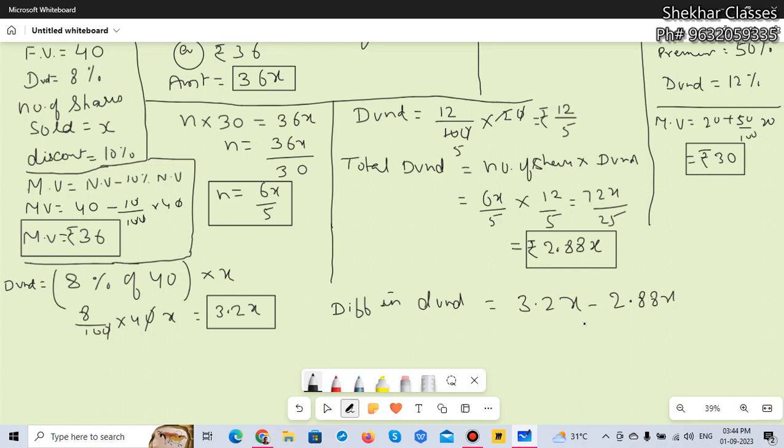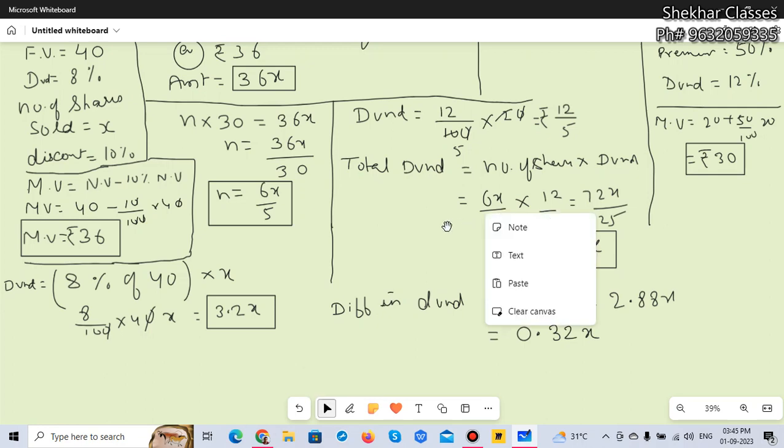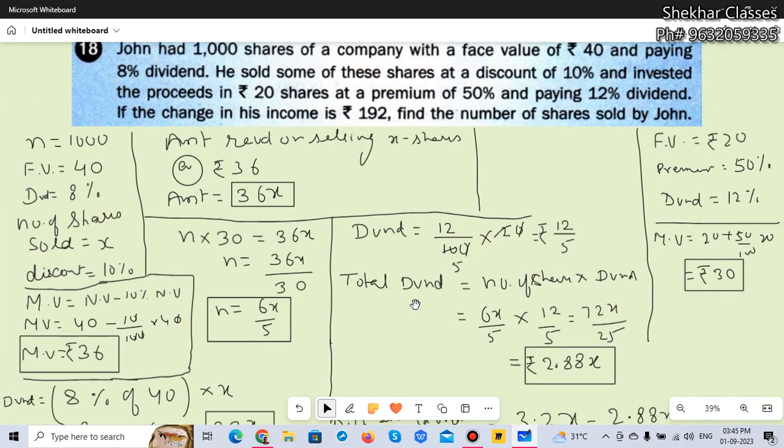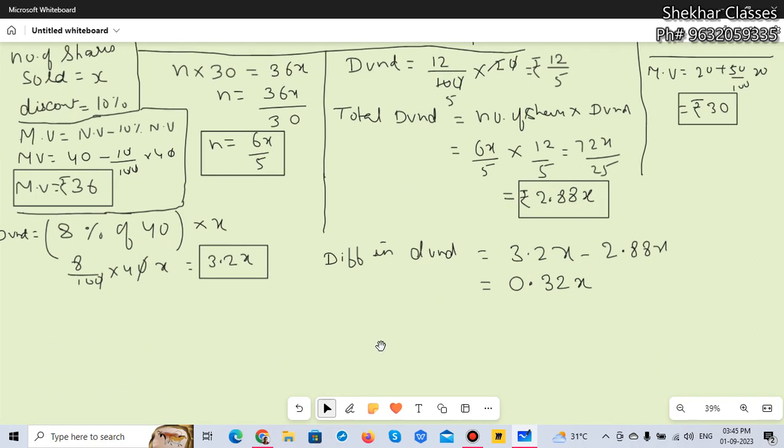If you subtract 3.2 minus 2.88, you get 0.32x. This is the difference, and according to the question, the difference amount is 192.